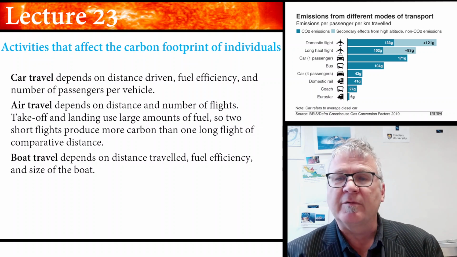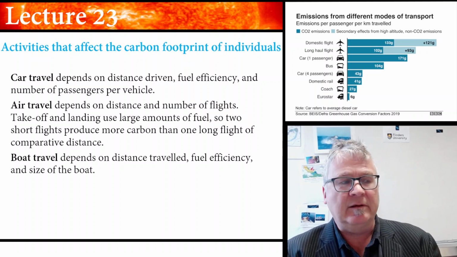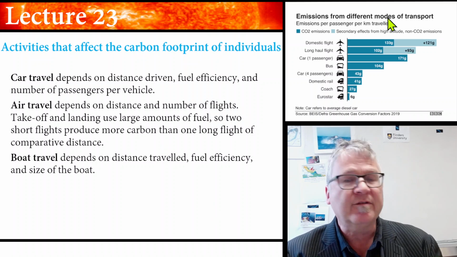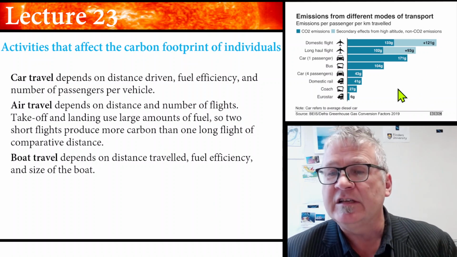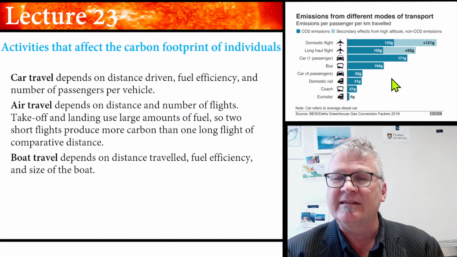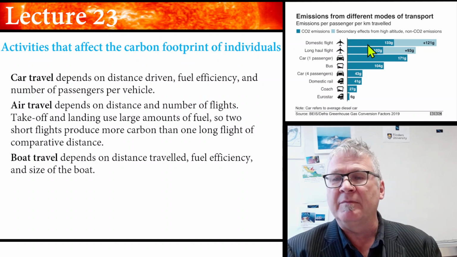Anyway, so you can do some calculations, emissions per passenger per kilometer. We are showing you estimates of how much CO2 is produced, including some secondary effects if you use planes, from emissions at high altitude.